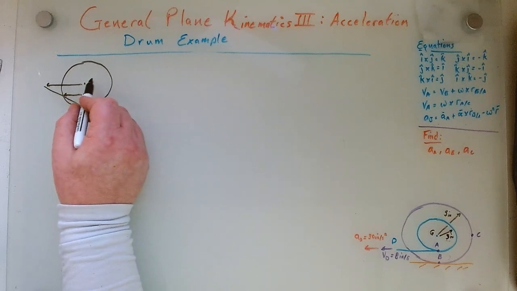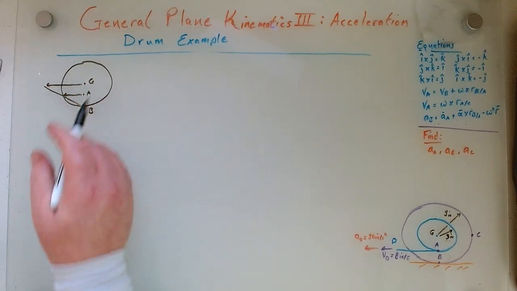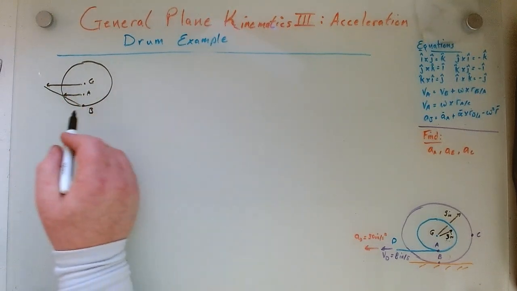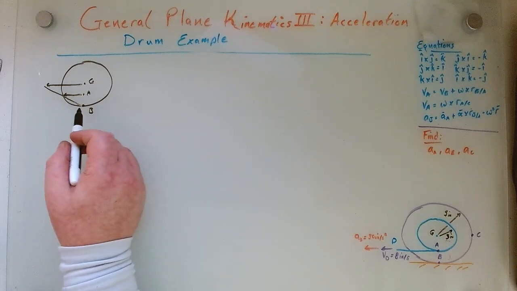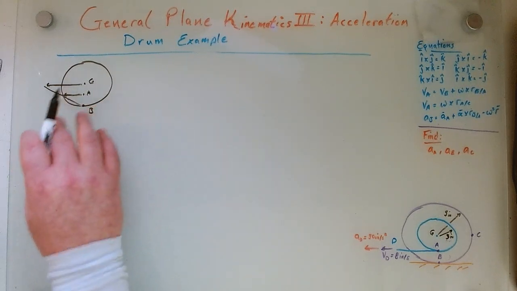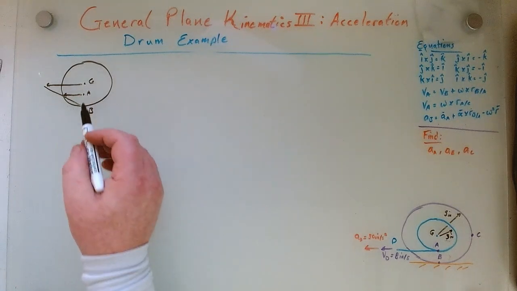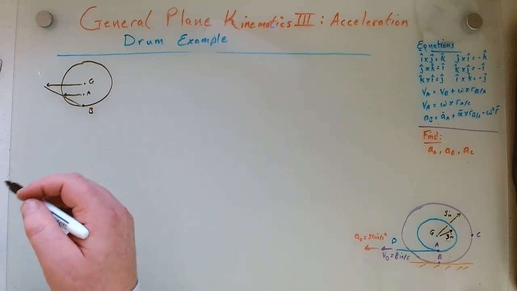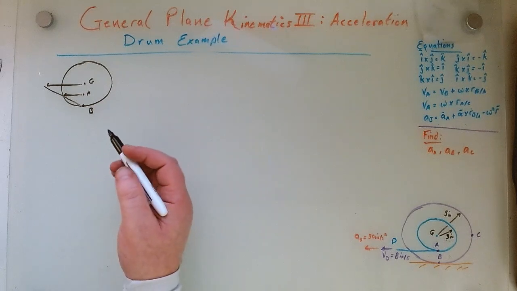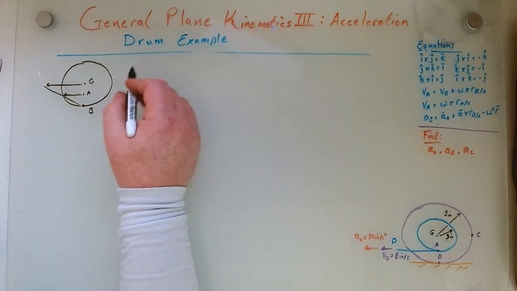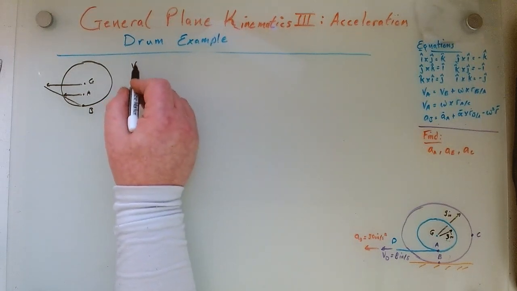We can use this principle because the drum is not sliding on the surface. So we can actually use this to get V sub G and A sub G, which is useful information.